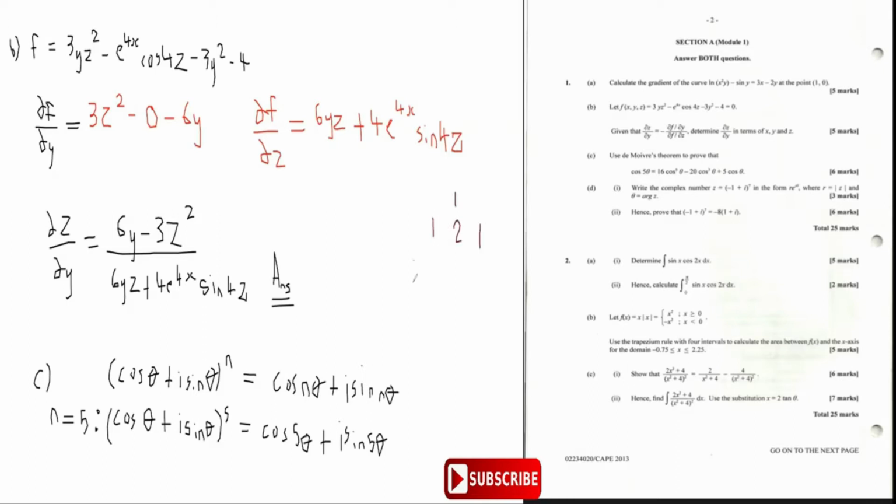Then it is 1, 3, 3, 1. Then it is 1, 4, 6, 4, 1. And then it is 1, 5, 10, 10, 5, 1.